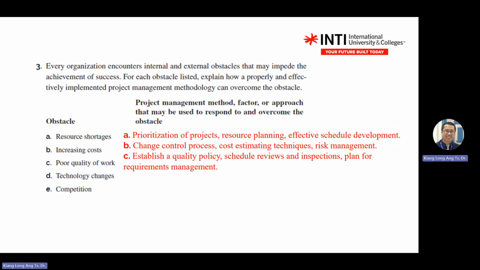Quality of work. Let's say you are producing an Apple Watch. If this question comes out, and we ask you about poor quality of work, meaning the coating has a problem, when the end user buys and wears it, the skin is sensitive, and they go and complain.